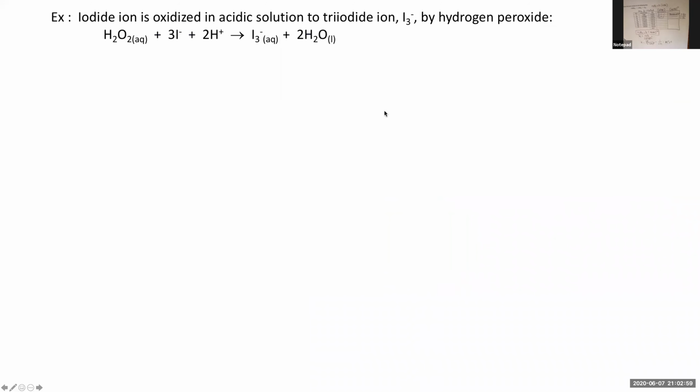So let's look at the next slide. In this slide, we have iodide ion in acidic solution, and in hydrogen peroxide, hydrogen iodide is oxidized to I3 minus and water.